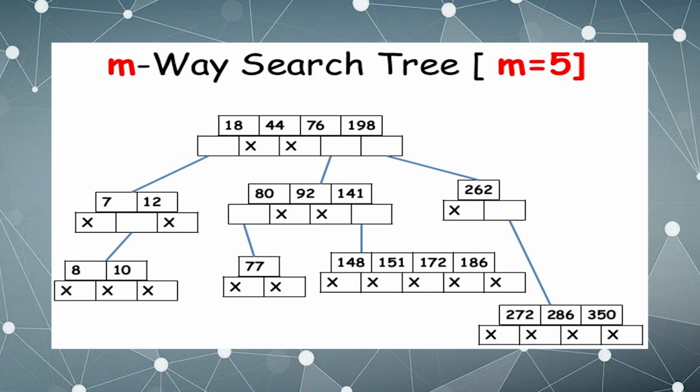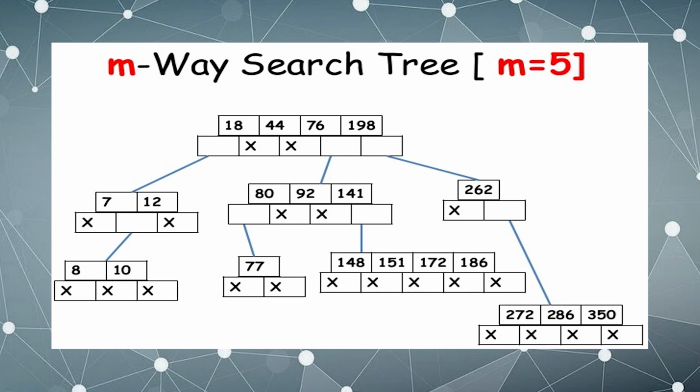That's why they should be connected as the right successor of 141. Talking about the next, 272, 286 and 350, all are greater than 198 as well as 262. That's why all items are connected as the right successor or right child of 262, in the form of 272, 286 and 350. All are the last children of this tree.